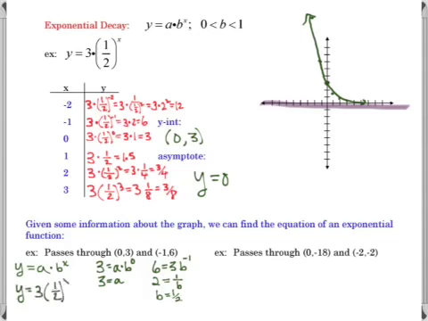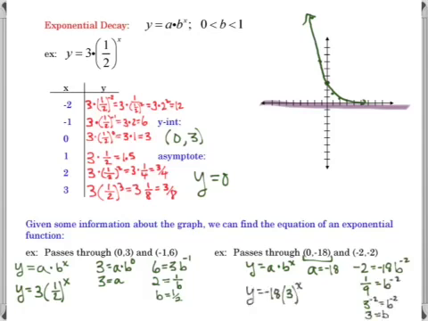So my general form is y equals 3 times 1/2 to the x power. Same idea for the other 2 points: plug in your values for x and y, solve for a and b, and then you get your general exponential function. So we get y is negative 18 times 3 to the x power.